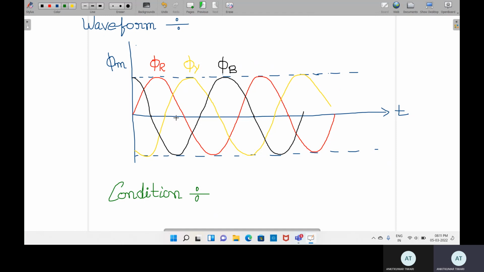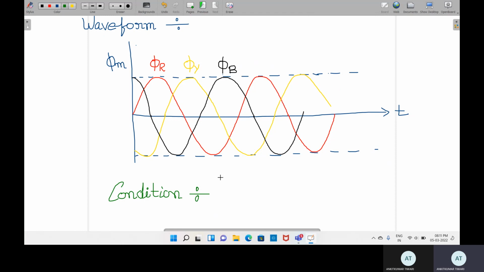So sinusoidal quantities will be represented in terms of flux. And all the fluxes in sinusoidal quantities are at a 120-degree apart.